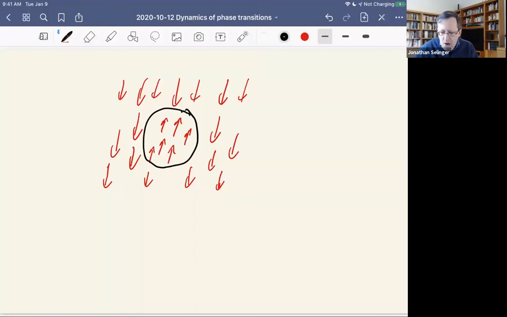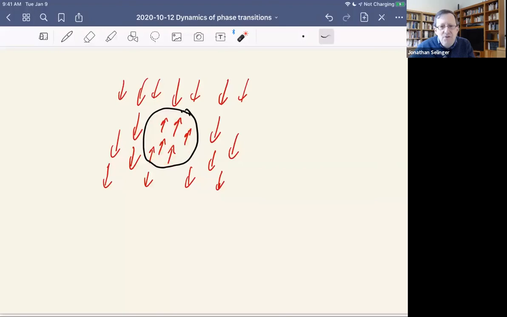Now, what you can notice about this is that the spins inside this region are interacting with each other, and so they don't all have neighbors that are pointing down. Instead, most of their neighbors are pointing up.